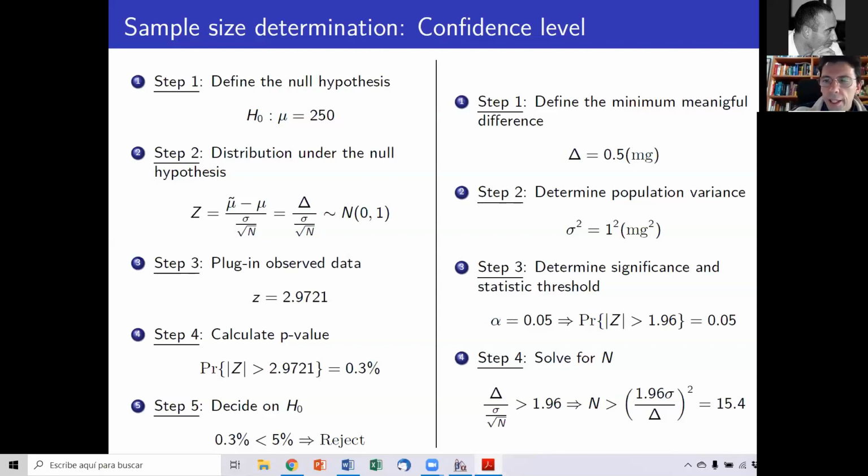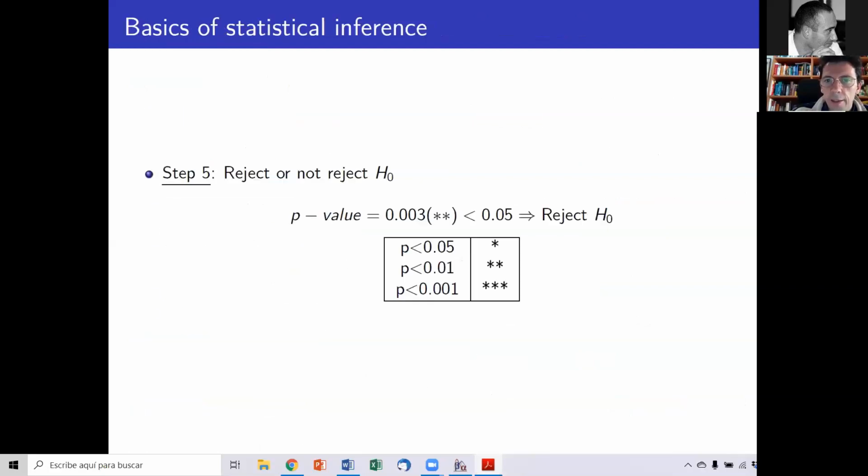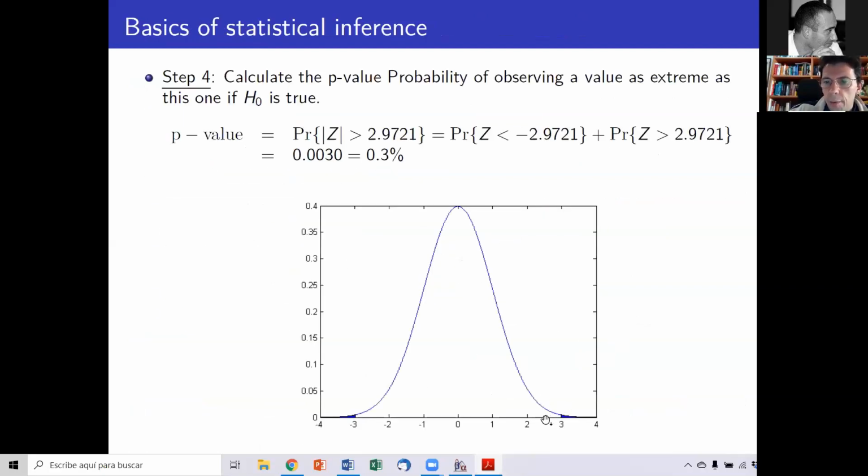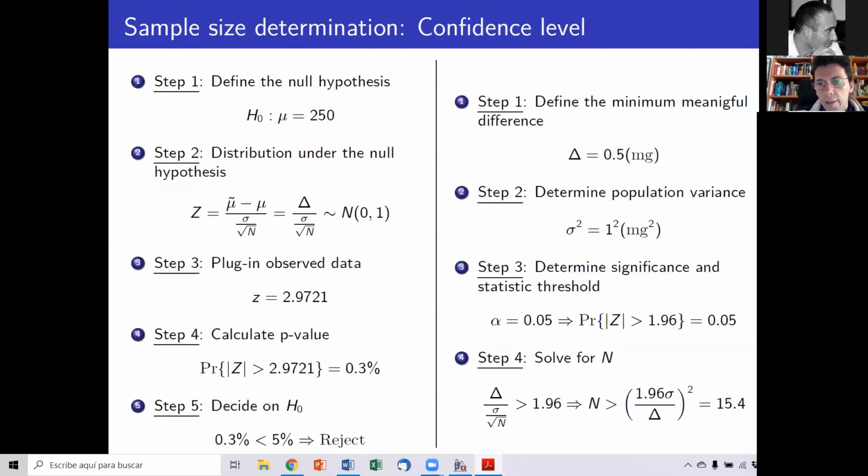So what is the set such that this area that we have plotted in blue, that for this example was 0.003, what is the set for which that blue area is 0.05? And that set is 1.96.